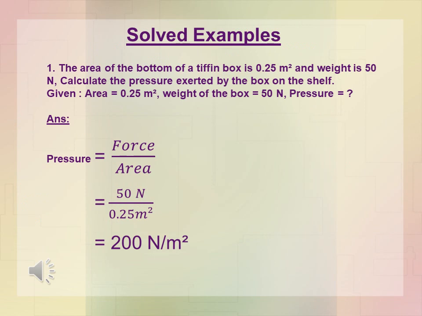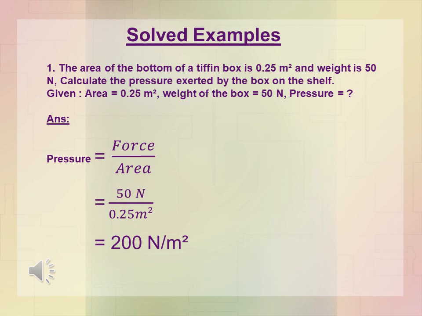Let's see some solved examples. First, the area of the bottom of a tiffin box is 0.25 meter square and its weight is 50 Newton. Calculate the pressure exerted by the box on the shelf. What is given here? Area equals 0.25 meter square. Weight of the box, 50 Newton.